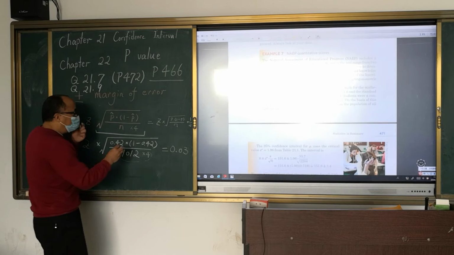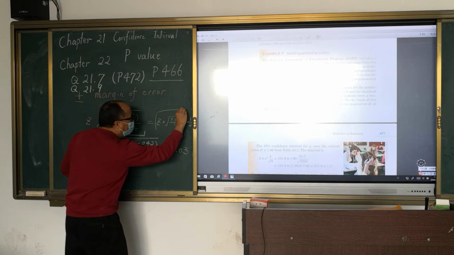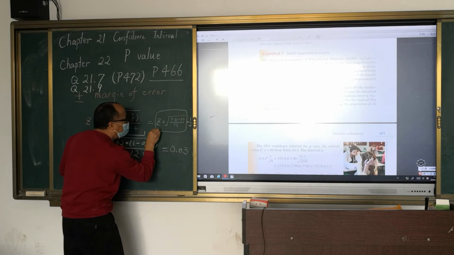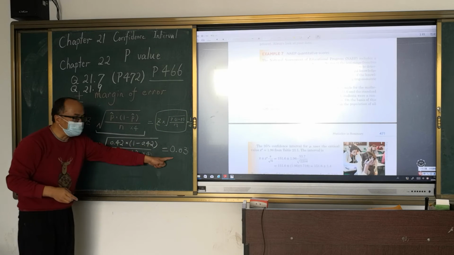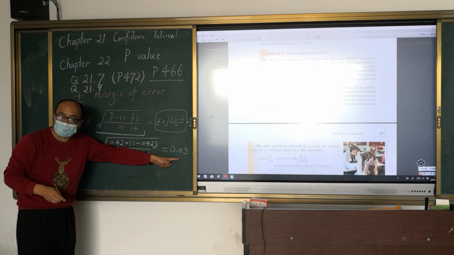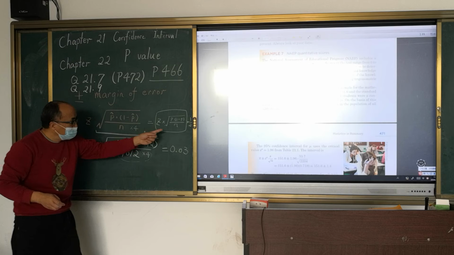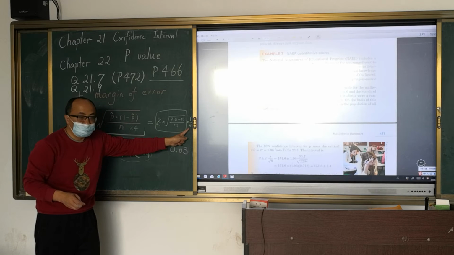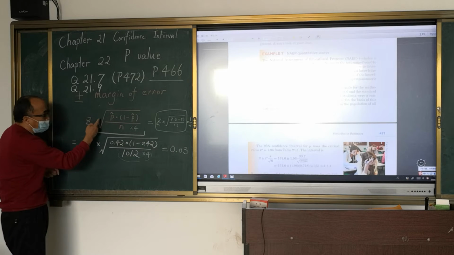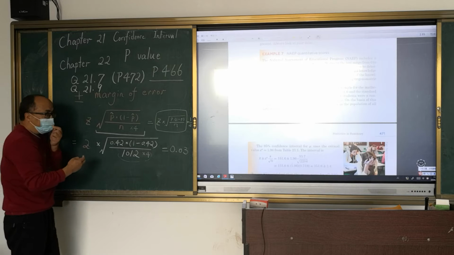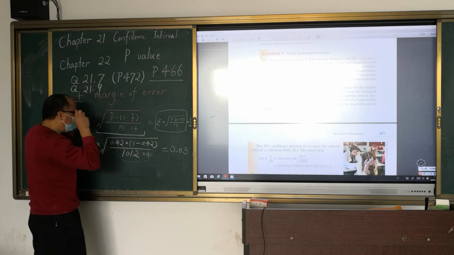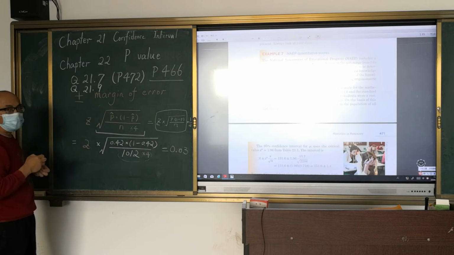Do you see it? This is the original, which gives 0.03. If you have times 4, then you have this, because taking the square root gives 1/2.